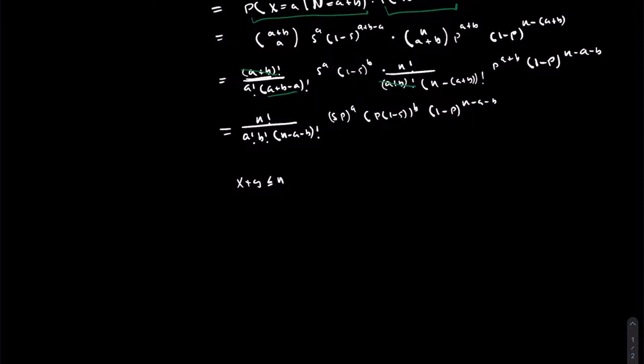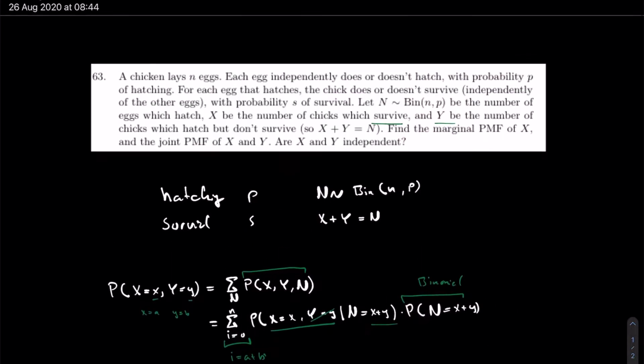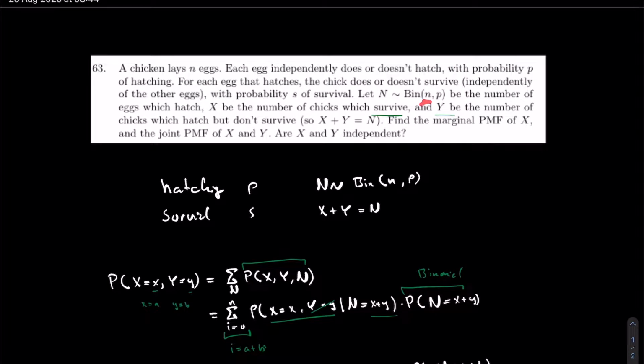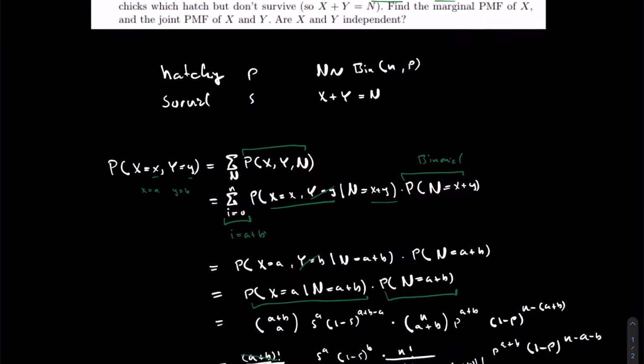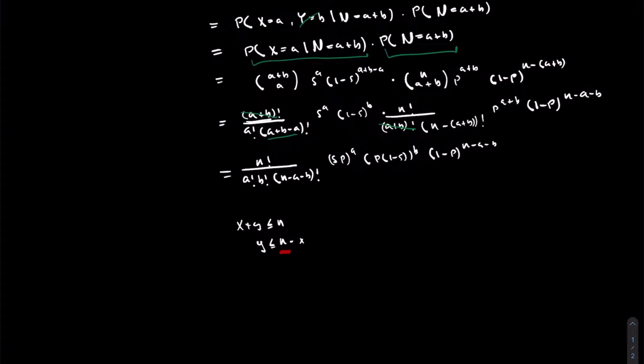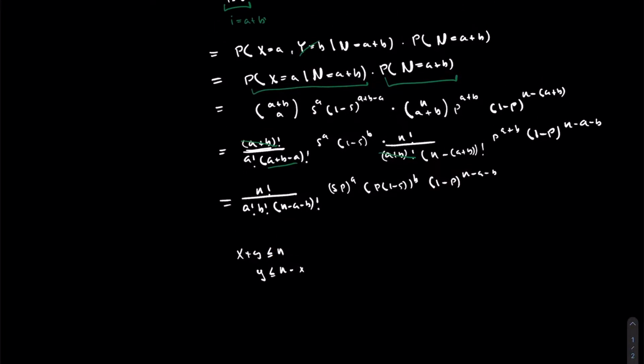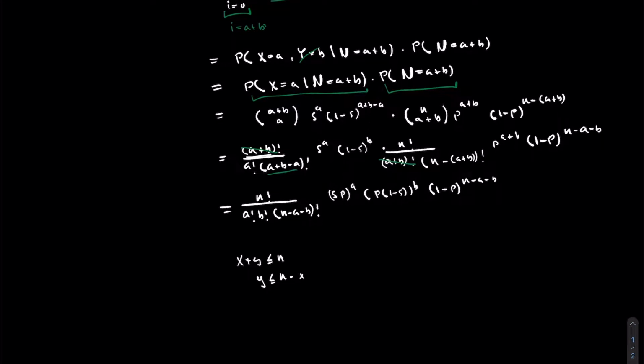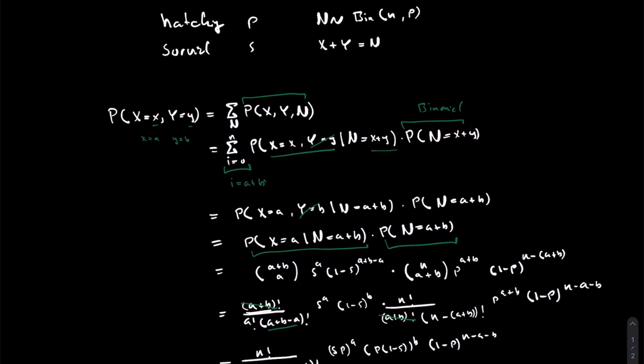So basically, because we know X already, and we know n is fixed, right? It's given here, it never changes. If we know X, we will have information about Y. So the critical part compared to the original chicken and egg problem is that n is also chosen randomly, and that's chosen from a Poisson.